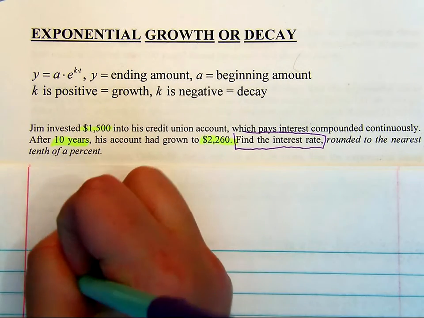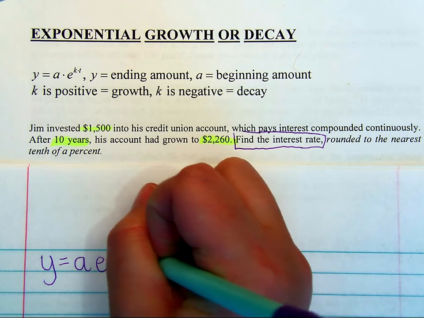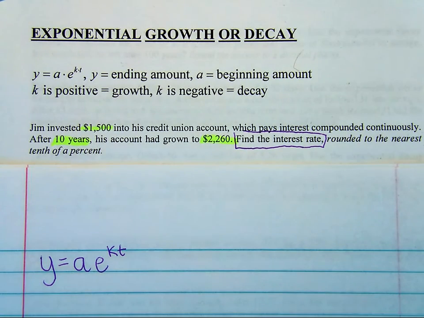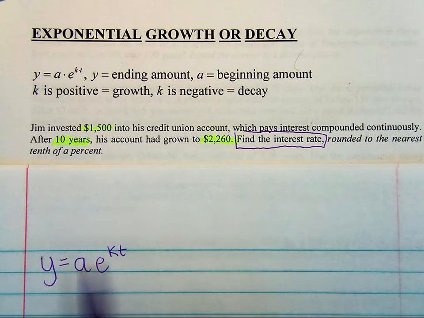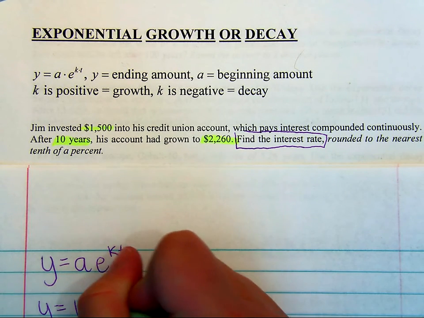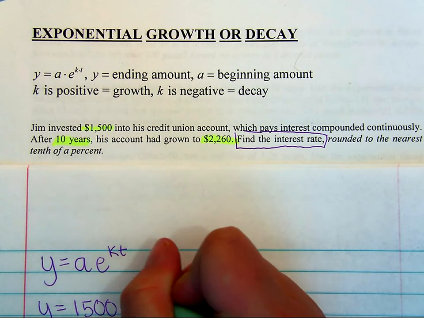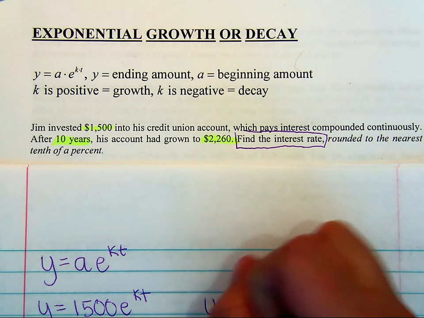So if I'm going to use this equation, I think A should be $1,500. So I'm going to go ahead and fill that in. Now, after 10 years I believe represents time, so I'm going to fill in the time.